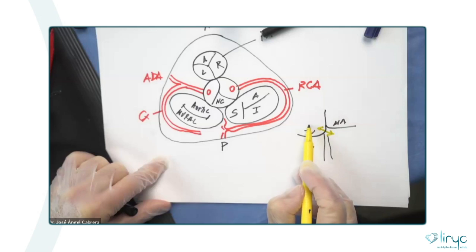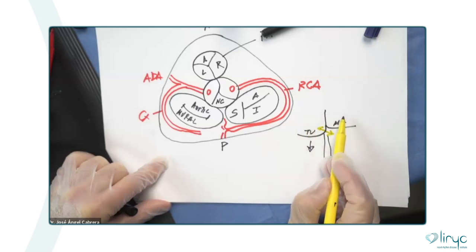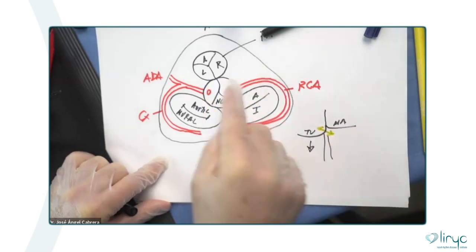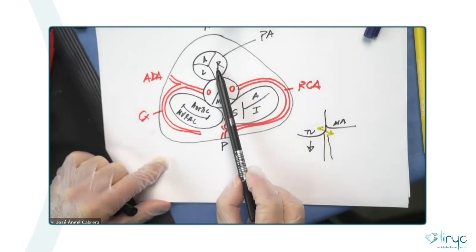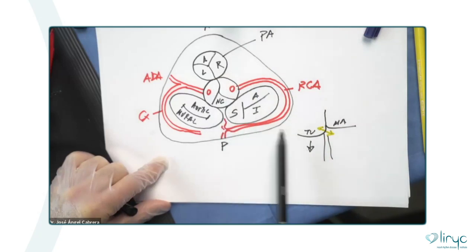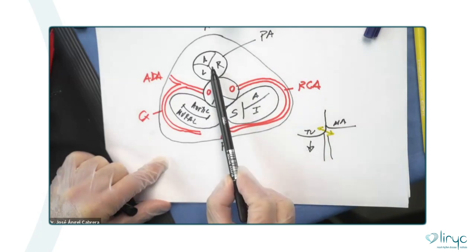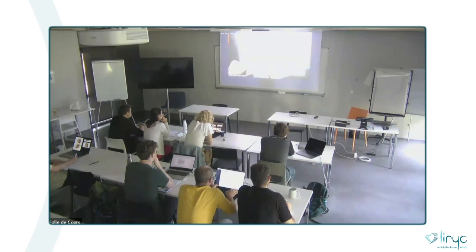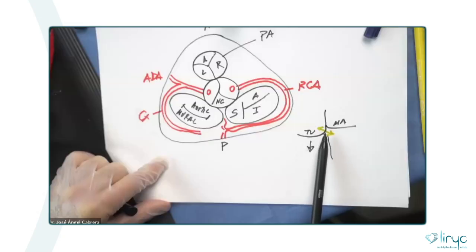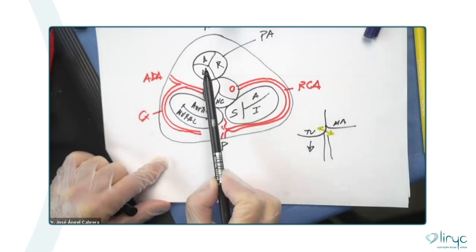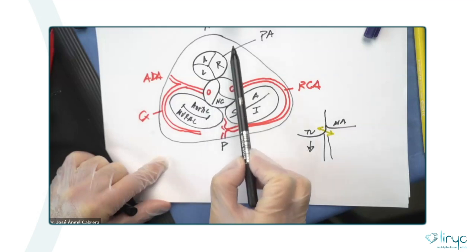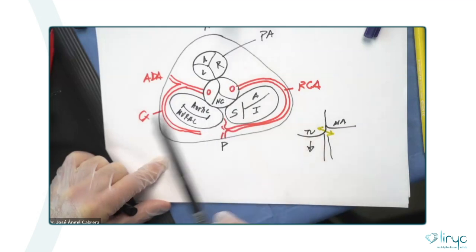This is the right atrium and this is the left atrium. But in the case of the pulmonary artery, it is superior in relation with the aorta. Therefore, the tricuspid valve is inferior in relation with the mitral valve, but the pulmonary valve is superior in relation with the aortic valve.